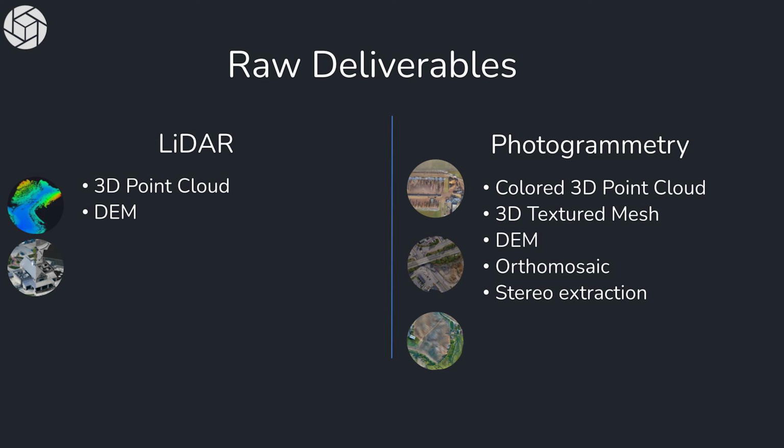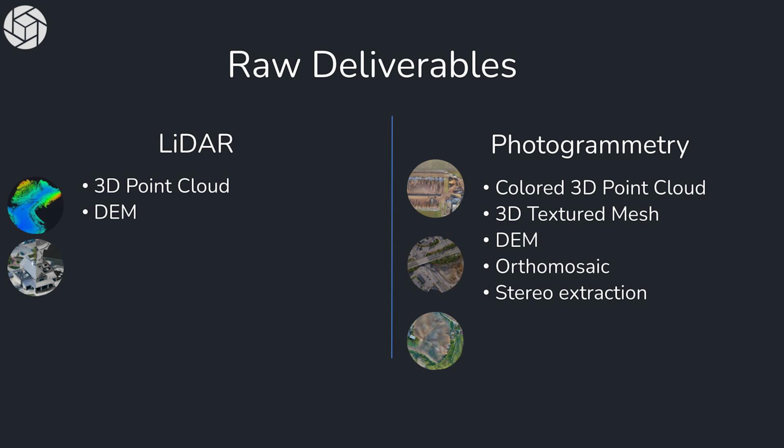All right, so from a raw deliverable standpoint, if you look at a typical deliverable from LiDAR, you're looking at a 3D point cloud, and maybe a derivative from that would be a DEM or a DSM, DTM, but those are your raw deliverables if it's just LiDAR by itself.